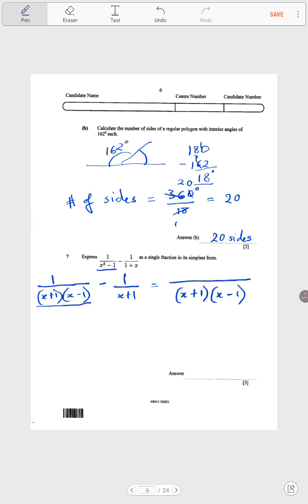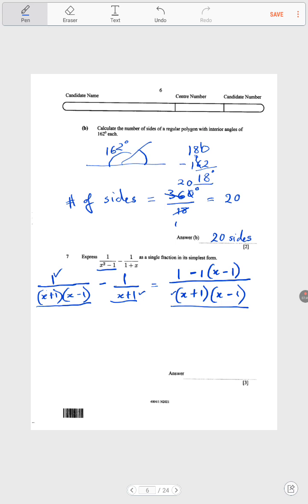So x plus 1, x minus 1 into x plus 1, x minus 1 is equal to 1, and 1 times this 1, you're going to get 1. And here you're going to say x plus 1 into x plus 1, x minus 1. You are going to remain with x minus 1 because these two are going to cancel out. This x plus 1 is going to cancel out with this x plus 1. So this one you're going to multiply that one with minus 1. So you're going to say minus 1 here times x minus 1.